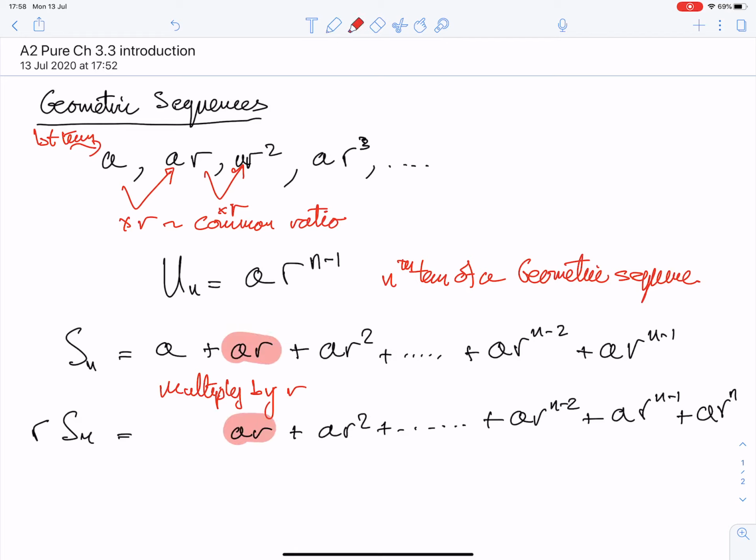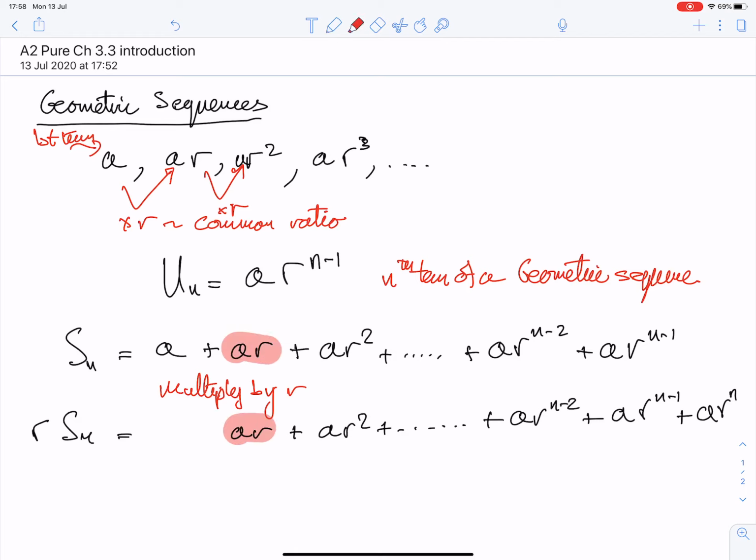So multiply by r, and then we subtract. So if we subtract, we get Sn minus rSn is equal to A minus AR to the n.